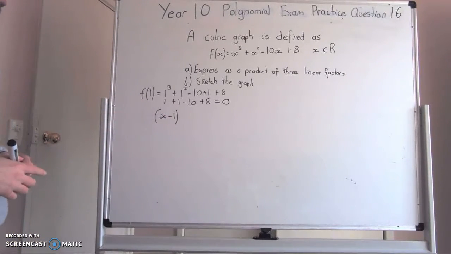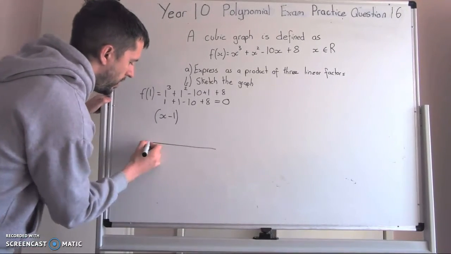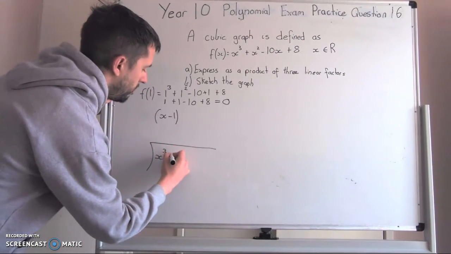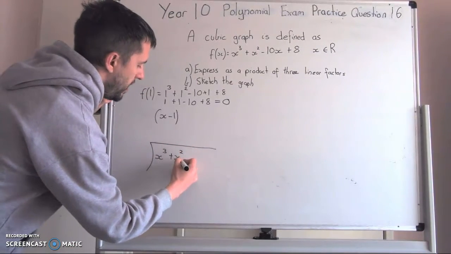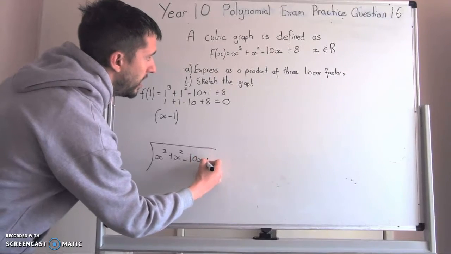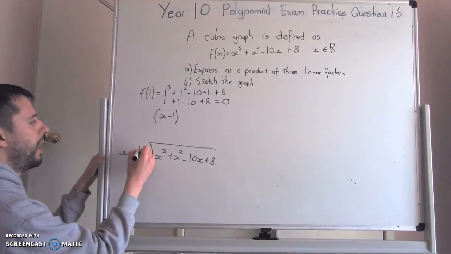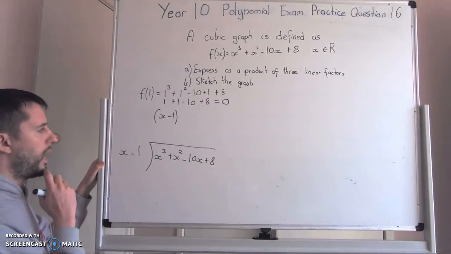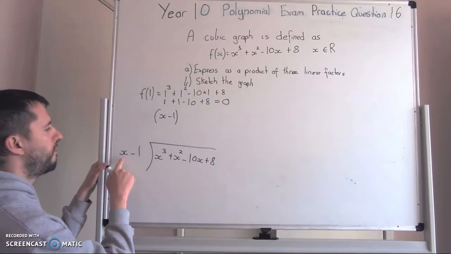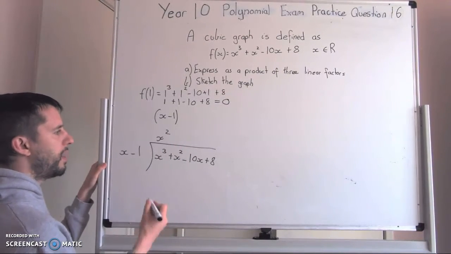Based on that, I'm going to do long division. So let's set it out. So I've got my polynomial of x to the power of 3 plus x squared minus 10x plus 8. And I'm going to be dividing by x minus 1. So I start out with this and go x to the power of 3 divided by x is x squared. How much have I shared?